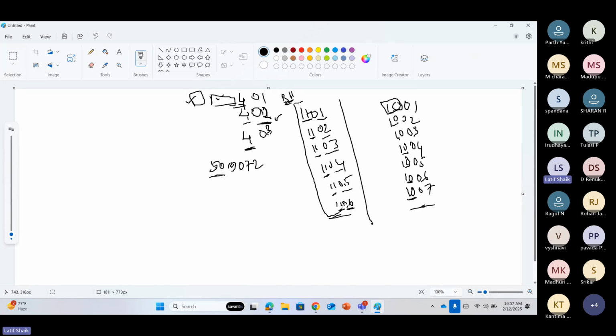Here 5 represents the area, 0 represents Hyderabad, and 72 is the town. For example, 530011: 53 again has 5 for the area, but 3 means Visakhapatnam, and this is the town. You can explain it in different ways.